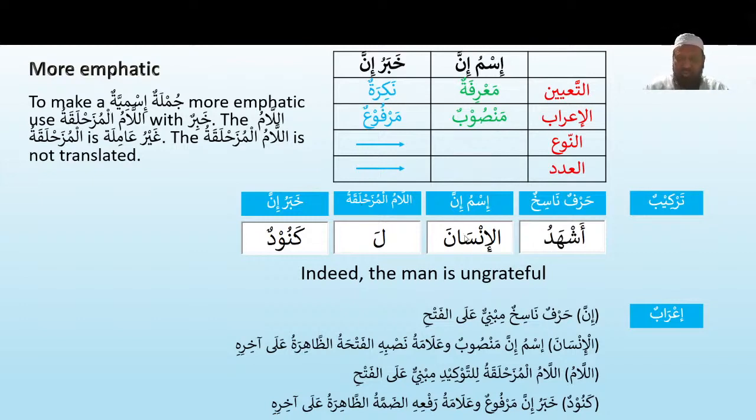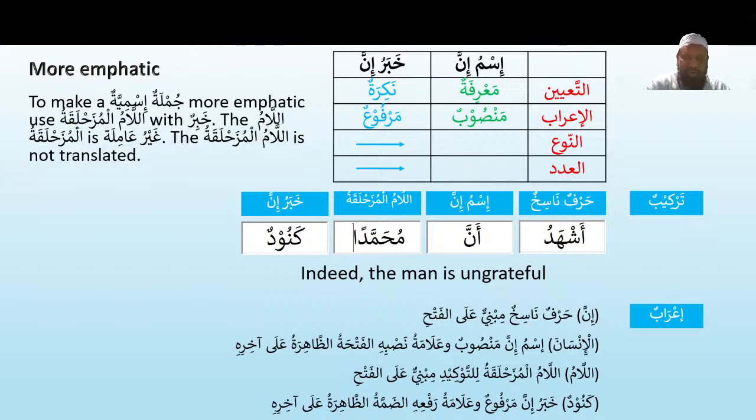أشهد أن Muhammad. So what does anna do? Yes, anna will take the ismu anna in a mansub case.